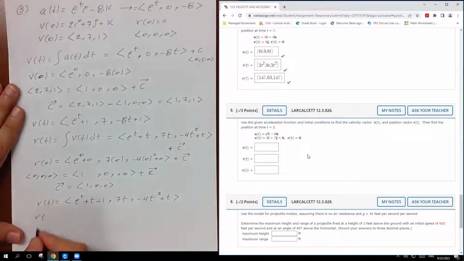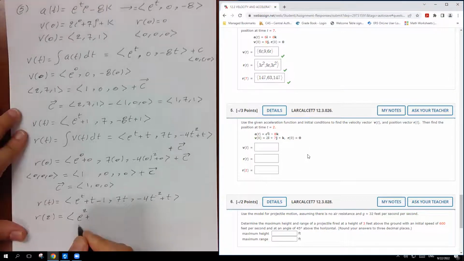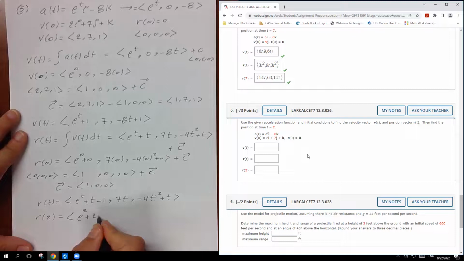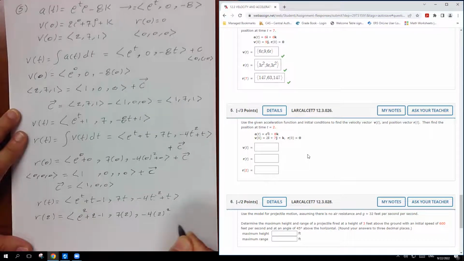With respect to which point? With respect to the 2. So I'm just going to say e to the 2 plus 2 minus 1, and 7 times 2, and here is going to be negative 4 times 2 squared plus 2.